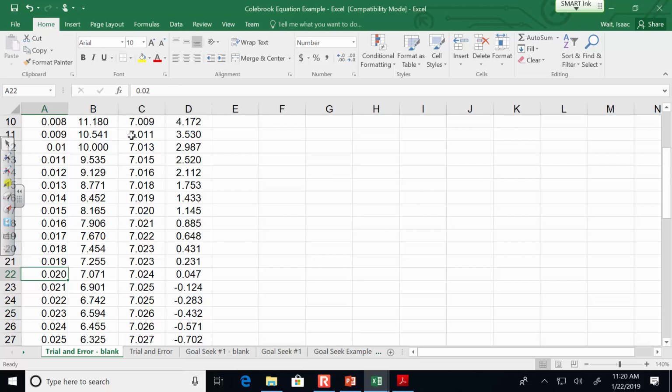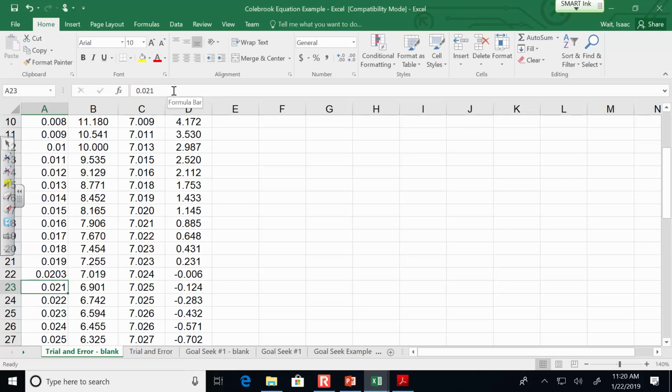So what we could do is we could try and get a little bit closer. 0.0205. Okay, already gone too far. 0.0204. What we're looking for is we want that to be 0. 0.0203. Yeah, that's about as good as we're going to get it, I think. Because if we go now to 0.0202, yep, it's larger.